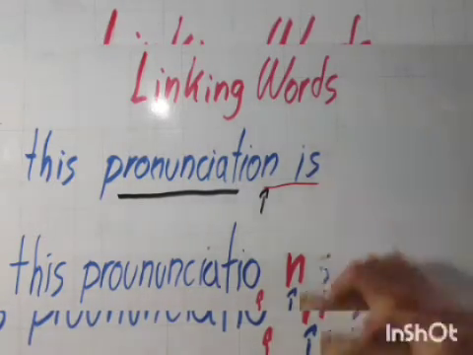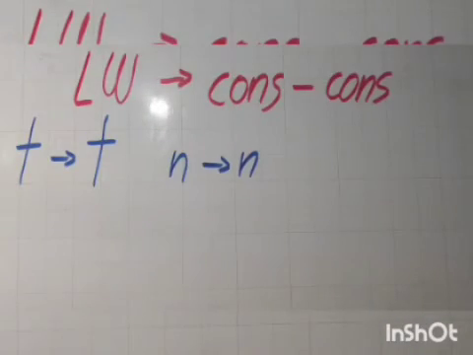Talking about linking words again, we have the second way to make a linking word: consonant plus consonant. Let's put another example, okay? Here we have "my pet tiger."